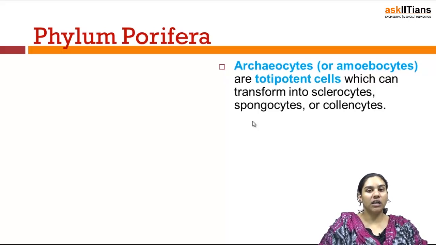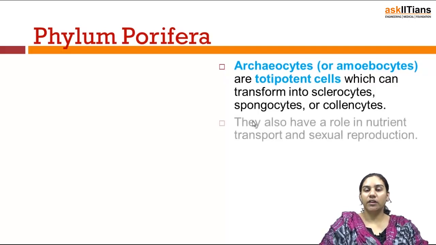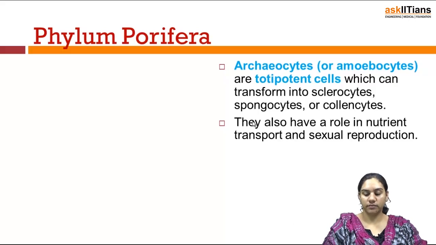Totipotency is the property of a cell in which the cell can divide and produce all kinds of differentiated cells in an organism. These archaeocytes also play a very important role in nutrition and sexual reproduction.